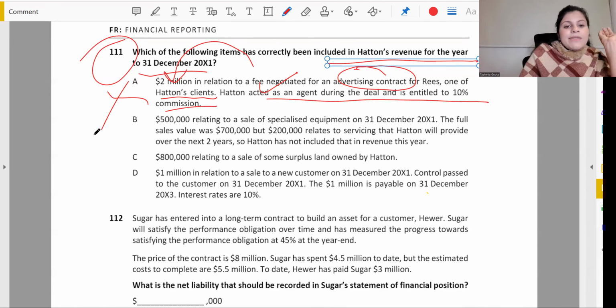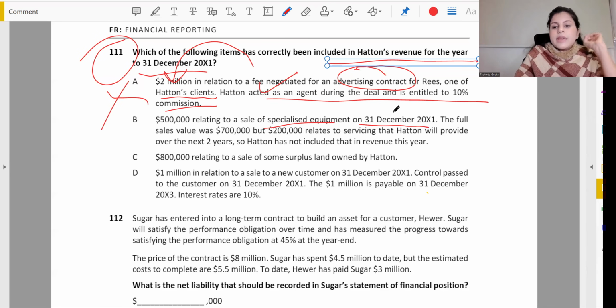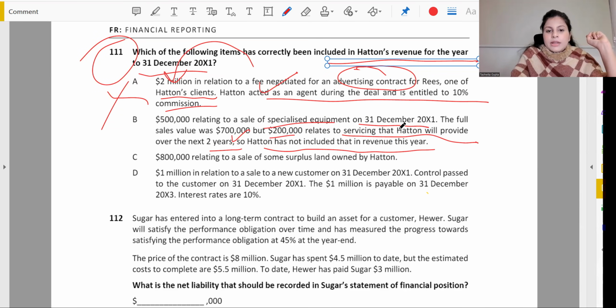Then 5 lakh related to sale of specialized equipment on 31st December. The full sales value was 7 lakh, but 2 lakh relates to servicing that Hatton will provide over the next 2 years. So Hatton has not recorded that in the revenue. So Hatton has sold an equipment. When we sell an equipment, it feels like it's a sale of non-current asset. But it is given to us that we are even servicing that plant.